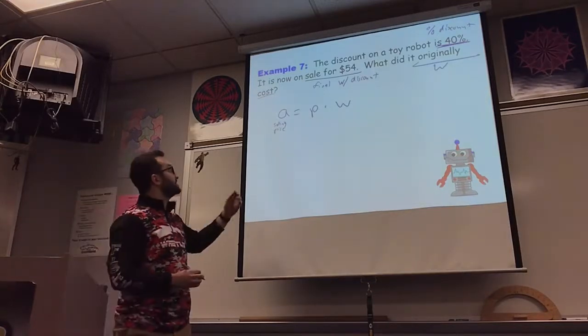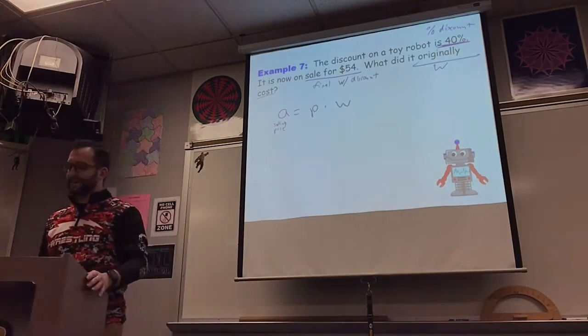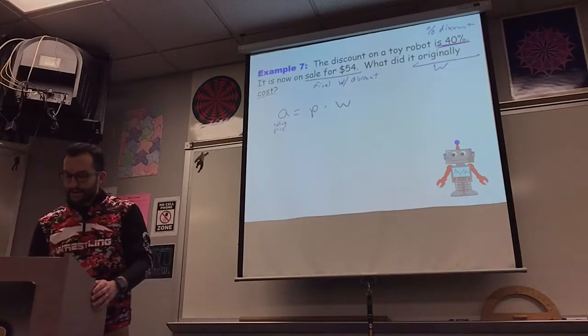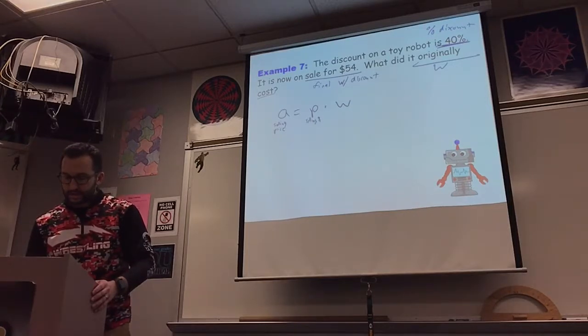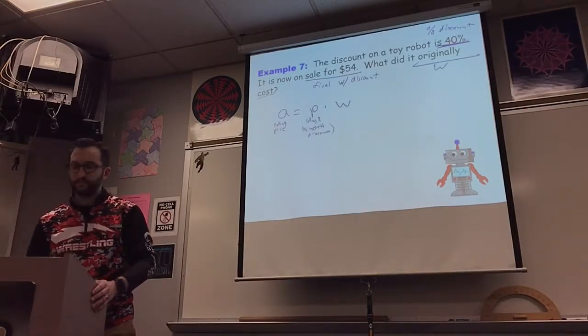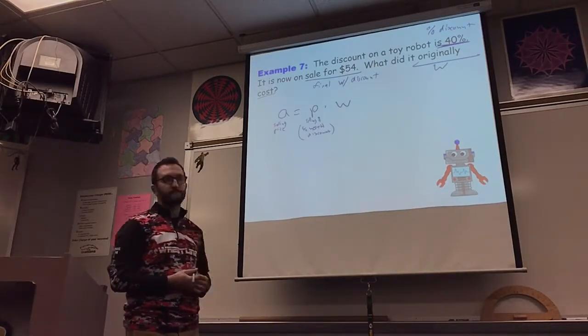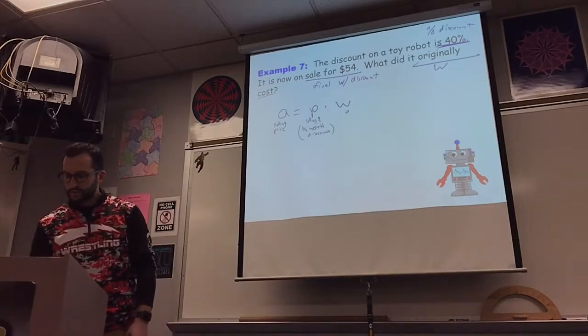The selling price, or the selling amount, which means P cannot be 40%. It has to be the selling percent. The selling percent is the percent with discount. That's the key. W, of course, is original like it always is.